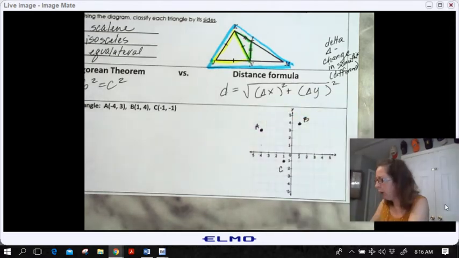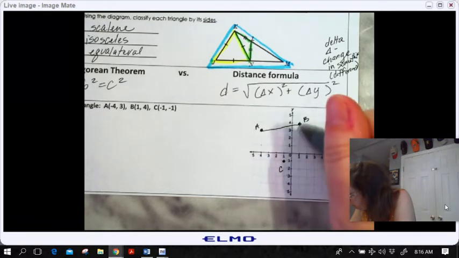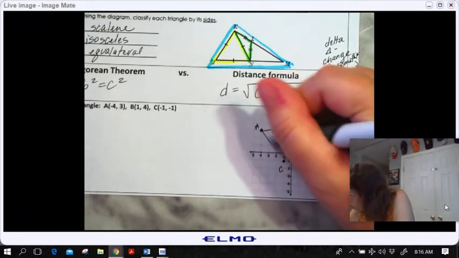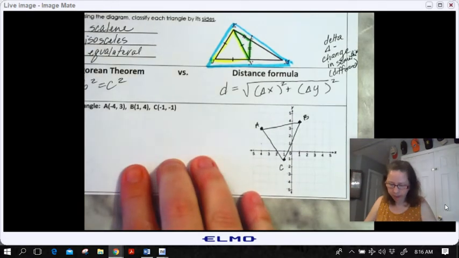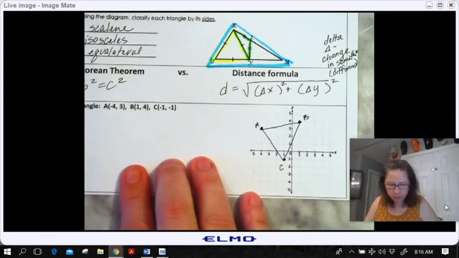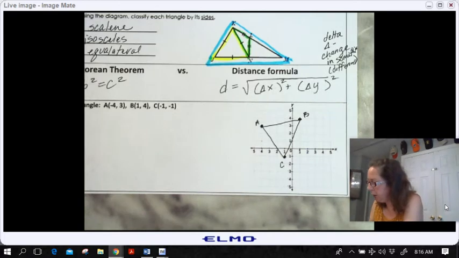So this is our triangle. Okay. And you can really choose to use whichever theorem that you want to. I'm just going to go ahead and use the distance formula.